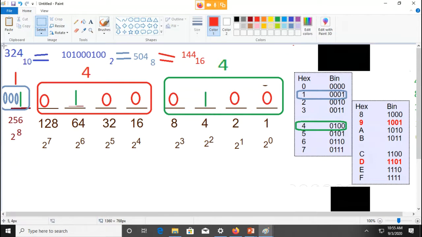All right, so all of these 4 values here represent the exact decimal value of 324. They're simply representing them in a different numbering system.